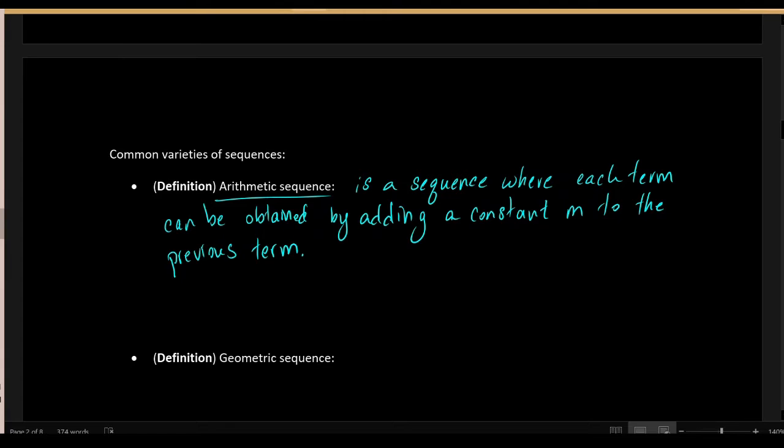For example, we had that sequence 1, 4, 7, 10, etc. Each term could be obtained by adding the number 3 to the term that came before. This number, m, which is added with each step, is often called the common difference.